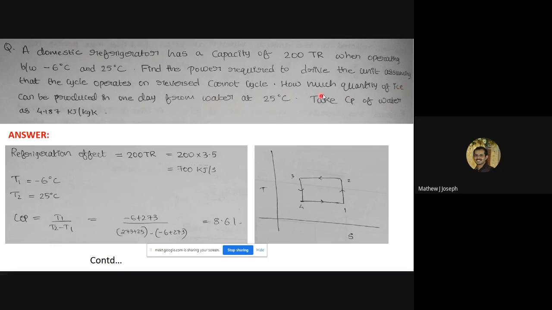They are asking how much ice can be produced in one day by this domestic refrigerator if we supply water at 25 degrees Celsius. For calculation, they are giving the CP of water as 4.187 kilojoules per kilogram.